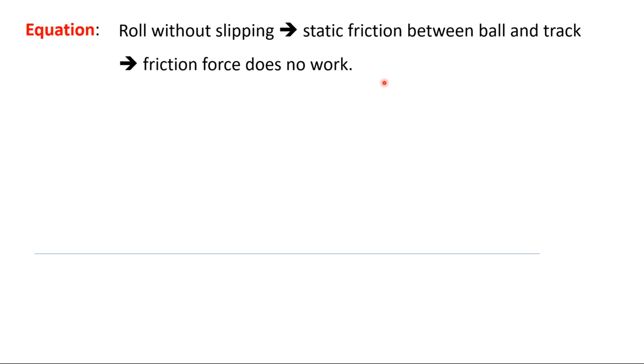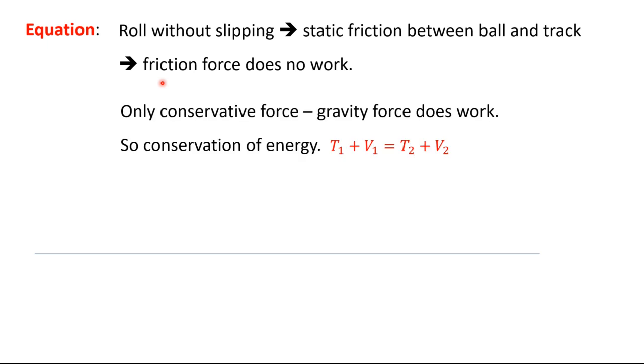So we consider this value to be equal to 0. Only the conservative force, gravity, does work: negative weight multiplied by delta y. So the conservation of energy tells me that T1 plus V1 equals T2 plus V2.